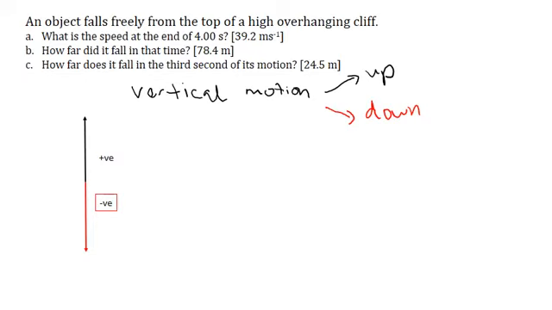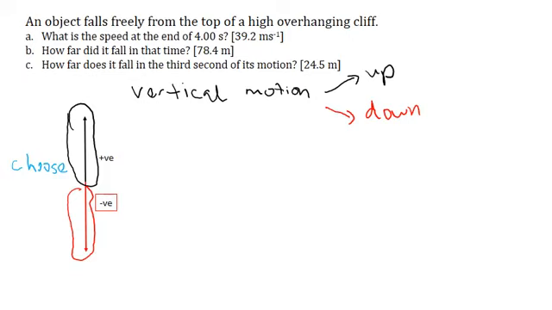For this particular question, I've chosen upwards to be positive and downwards to be negative. The choice is entirely up to you, but for this particular question, I've chosen this notation. And you can also flip it around. In other words, you can choose downwards as positive and upwards as negative.